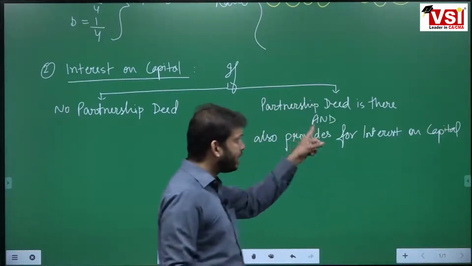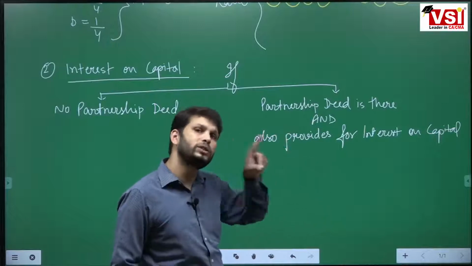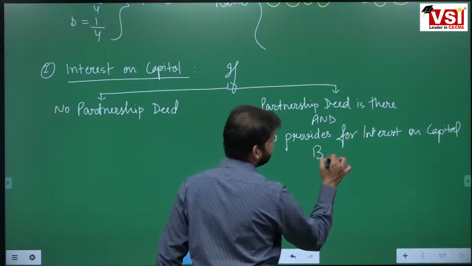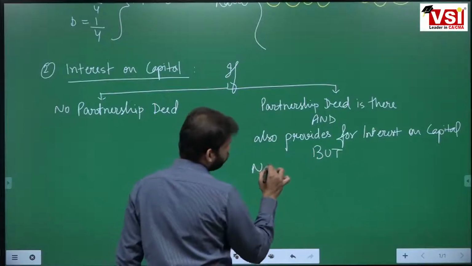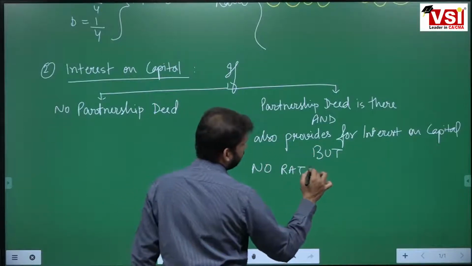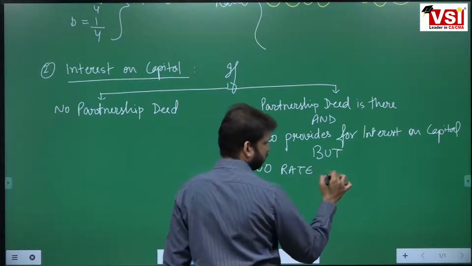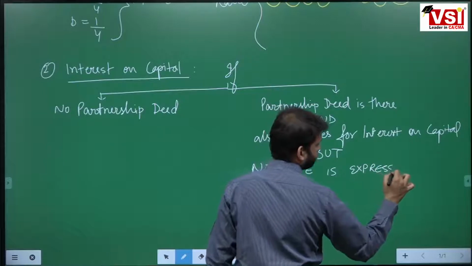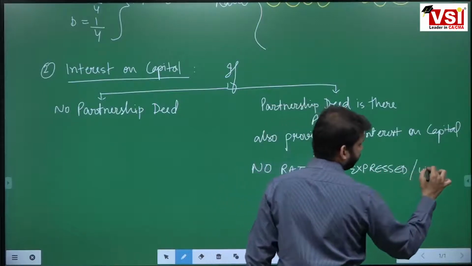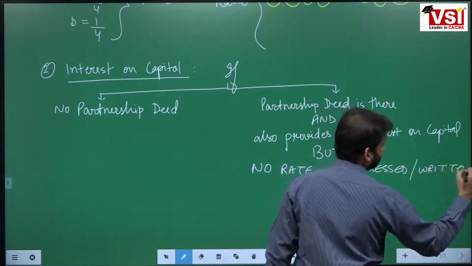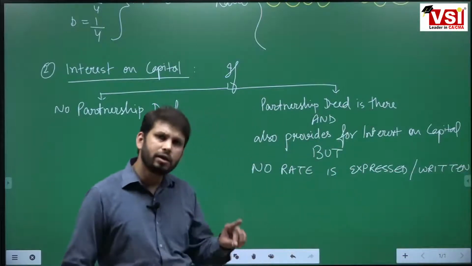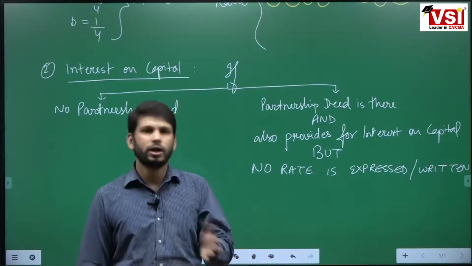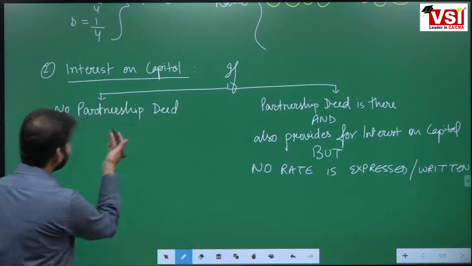The deed has a point which says that interest on capital is to be given to the partners, but no rate is expressed or written. They have told that interest on capital is to be given, but at what rate, what percentage, they have not mentioned this. So, in this case, this is a simple case.